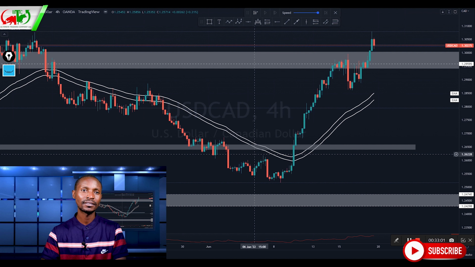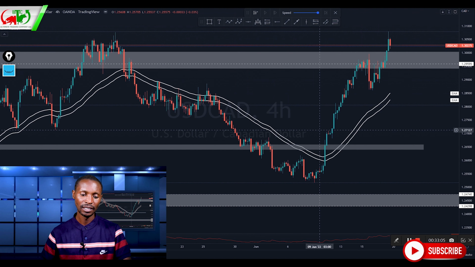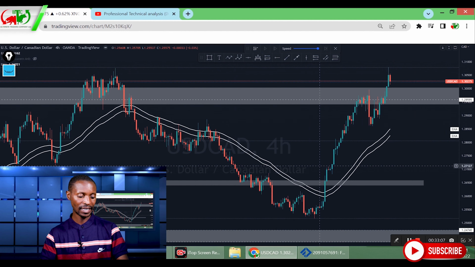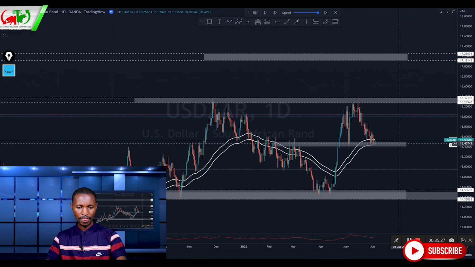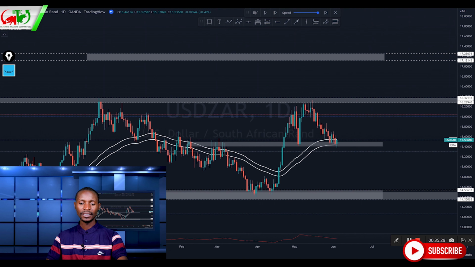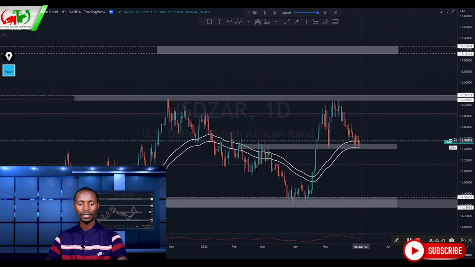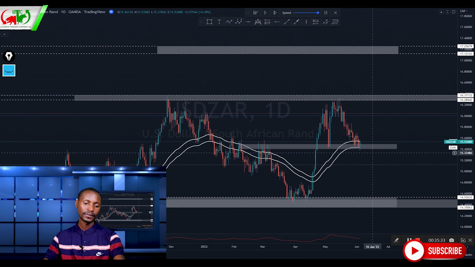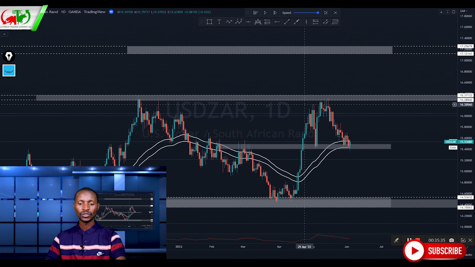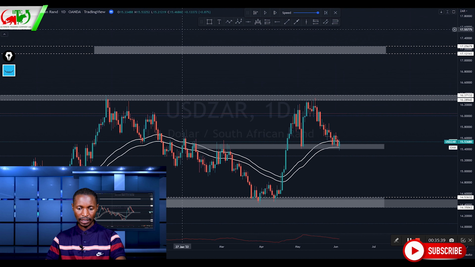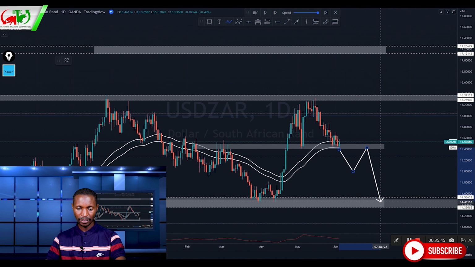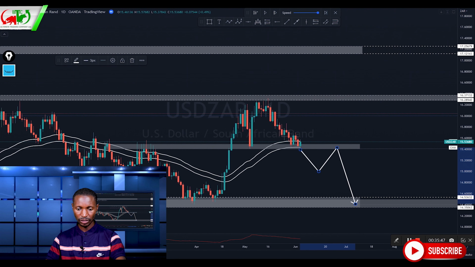Without delaying, let's see the exotic pair, and as you know, we analyze the USD ZAR. USD ZAR is the only exotic pair we are analyzing up to now. It was in a range, and the idea was that if USD ZAR breaks below this minor support, you could look for a break and retest and look for a sell opportunity.